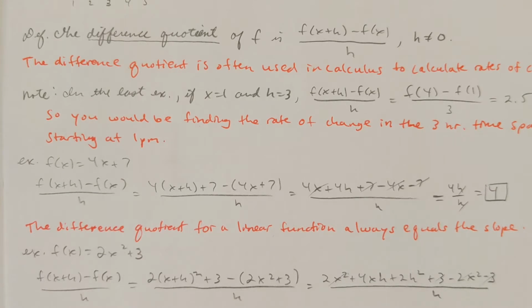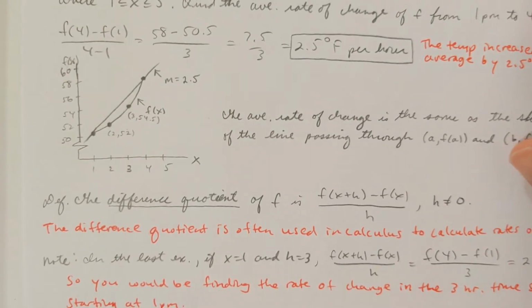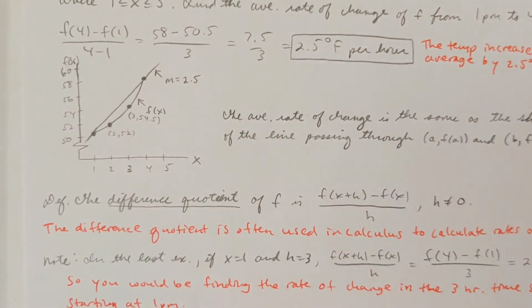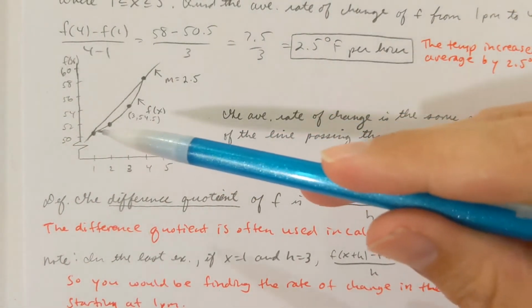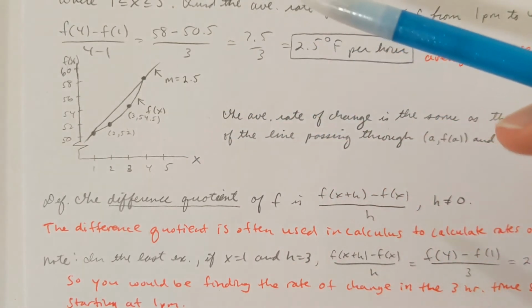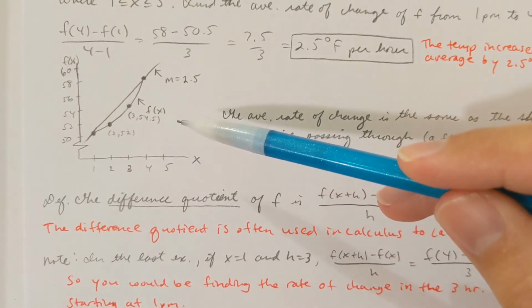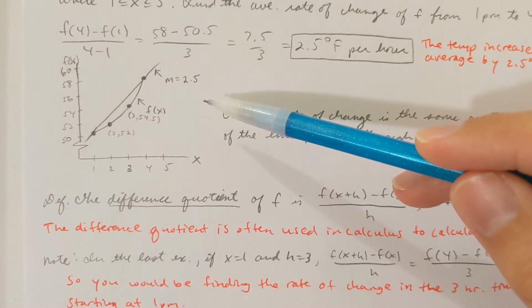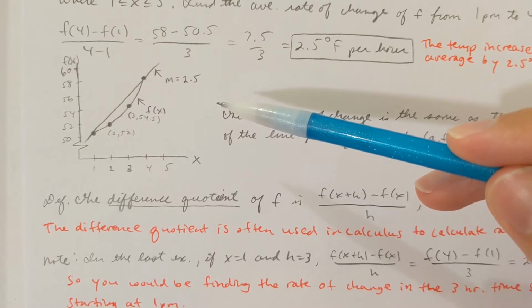The main idea is that you have a curve that has a slope of anything, and it could be turning. If you were to draw a line from the first point to the second point and find that line, the slope of the line would be some number, and that's really what the difference quotient tells us.